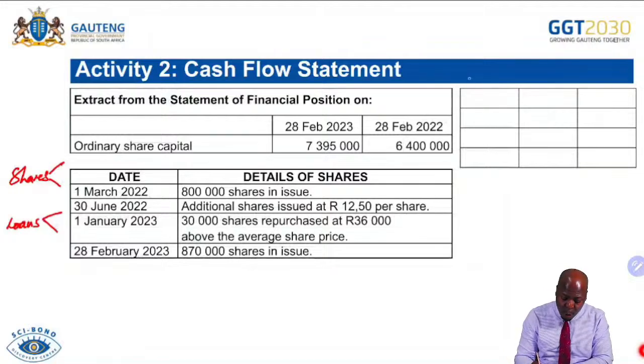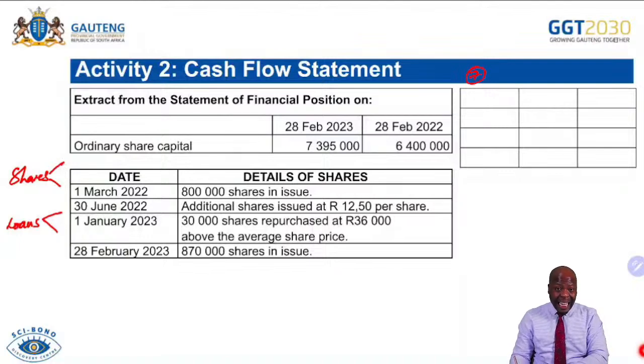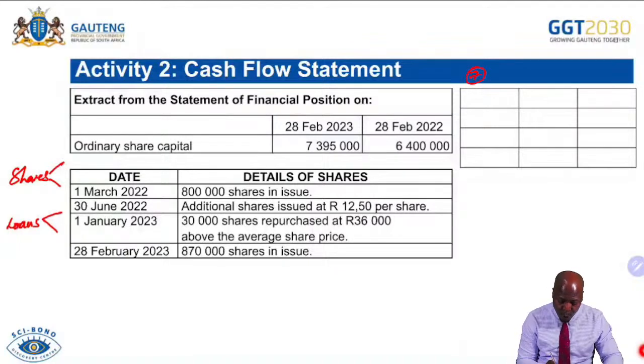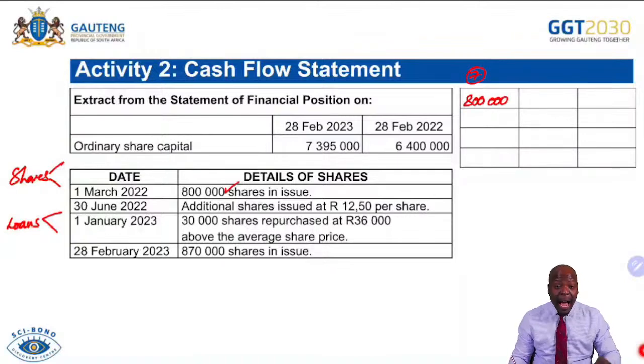So we're going to quickly open a mini note number 7 here. That is your ordinary share capital note. Okay, let's see what they're saying. So we had 800,000 shares at the beginning. So I'm going to come here. Please, you're writing with me, 800,000. I know in this question they did not want you to do this, but it will help us to get the figures done.